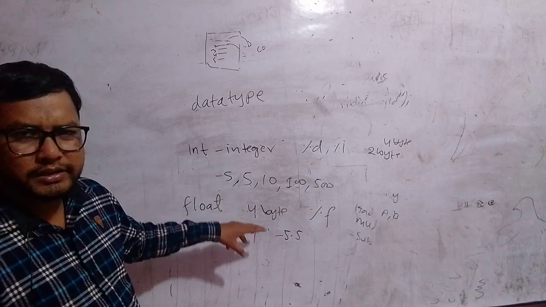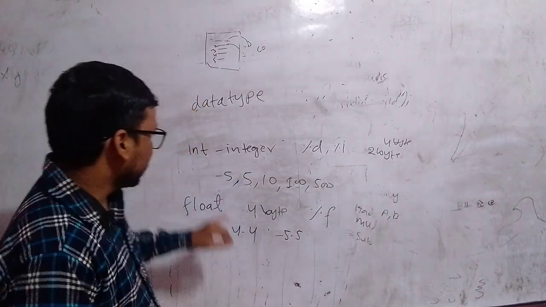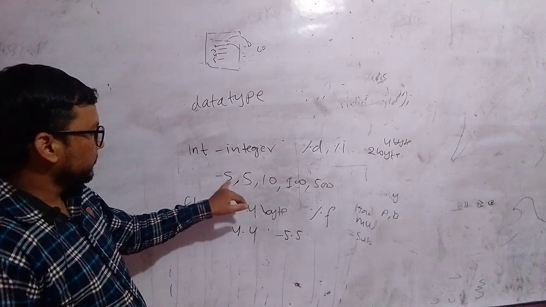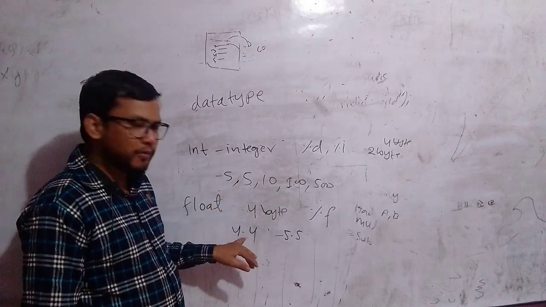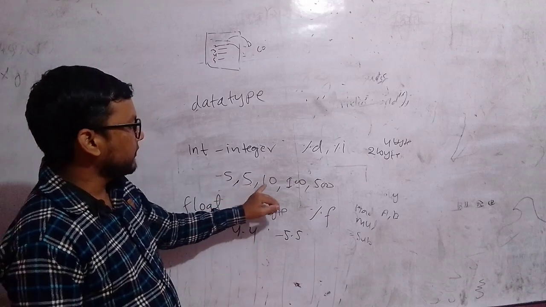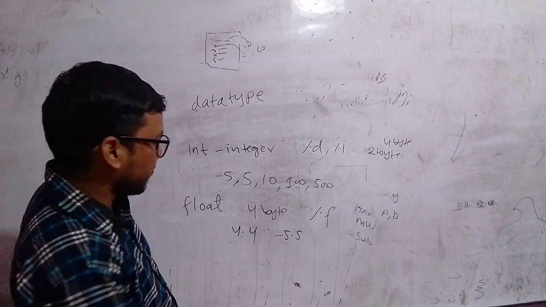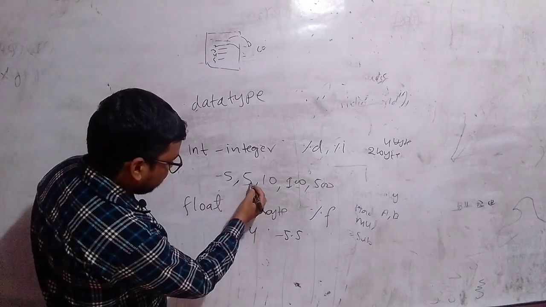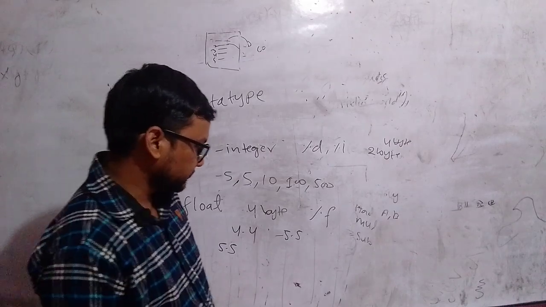Float can also hold the integer number, but integer cannot hold the float number. That means the integer data type cannot hold 4.4, but float can hold 5, 10, 100, 500, etc., because float stores 5 in the format of 5.0 and so on.